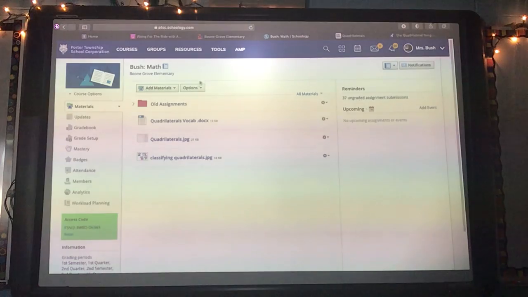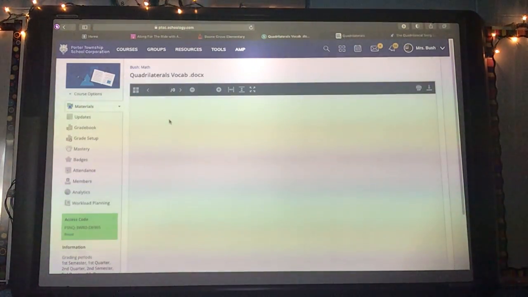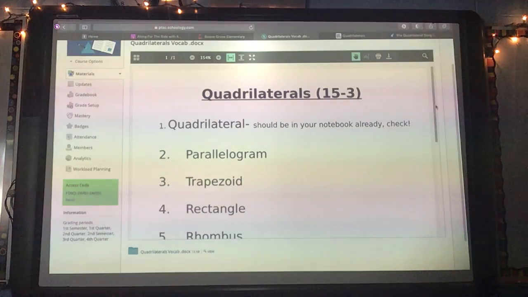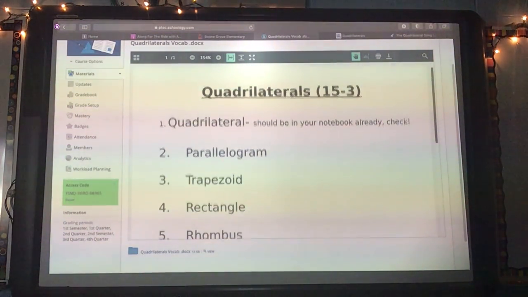Under math, it says quadrilaterals vocab. In your math notebook, I want you to write these vocab words.